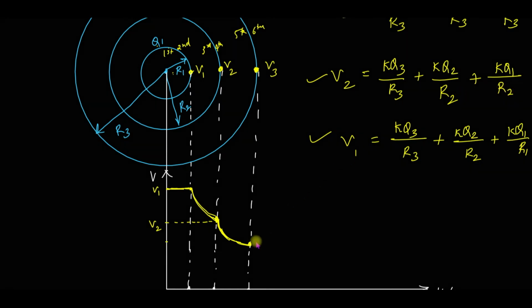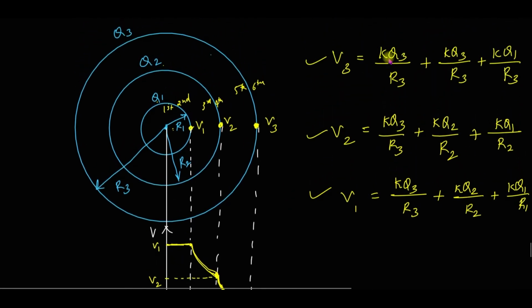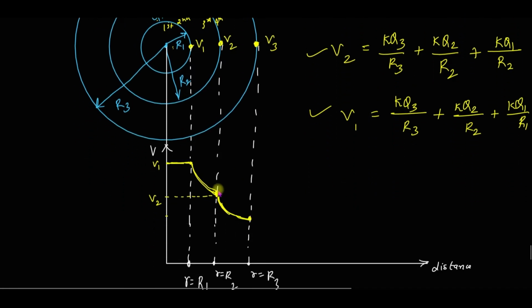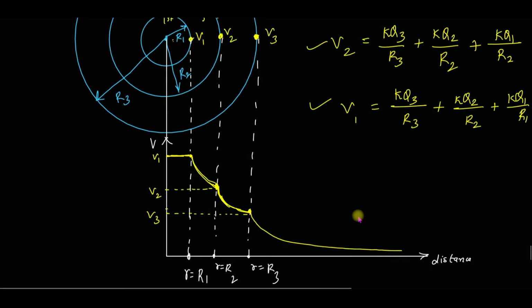As you come onto the surface of the third sphere, the potential will be V3, the potential on the surface of the third sphere. Then as you move outwards, the potential will again start decreasing and reach 0 at a very far away distance. So this is how the potential will vary with distance.